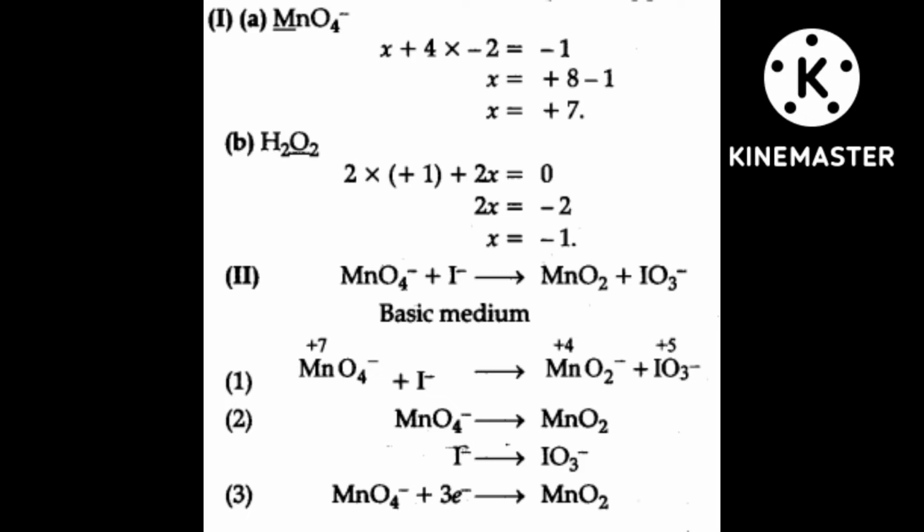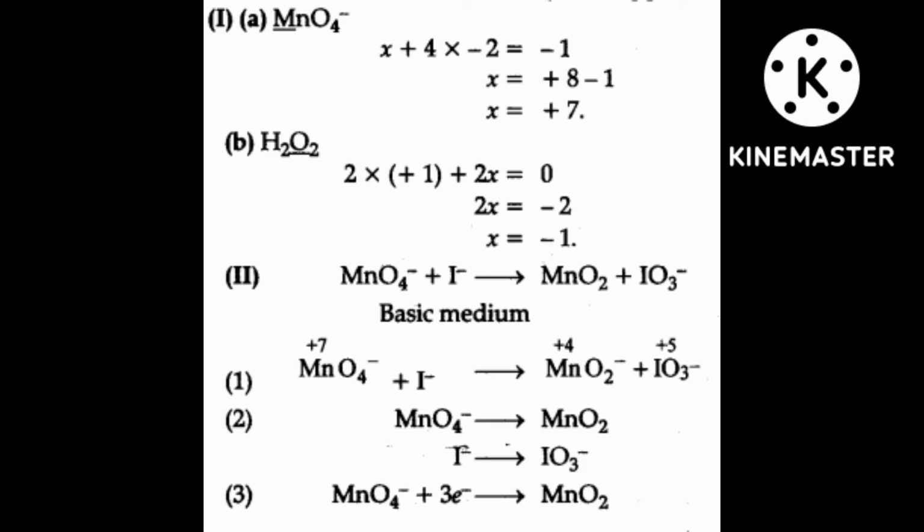Again I am repeating: what are the reasons for the different chemical behavior of the first member of a group of elements in the s and p blocks compared to that of the subsequent members of the same group? Now I am telling you its answer.